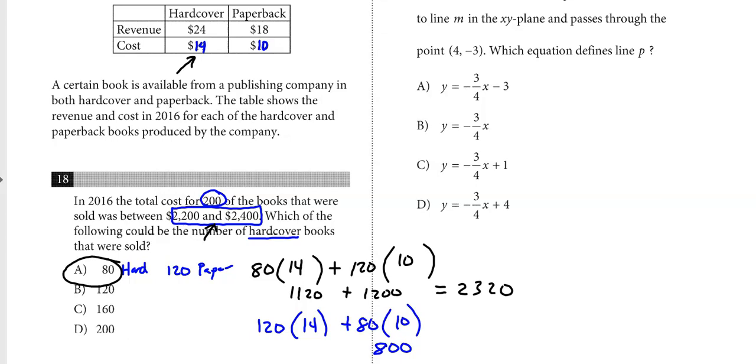I should not be lazy and just do this. That's 1680 and 800. Sometimes I get lazy. Shouldn't do that. Well, that's too much. That's 2480. That's not within my range. So this doesn't work. As you put in more hardcovers, they keep getting more expensive. So the correct answer here is just A.